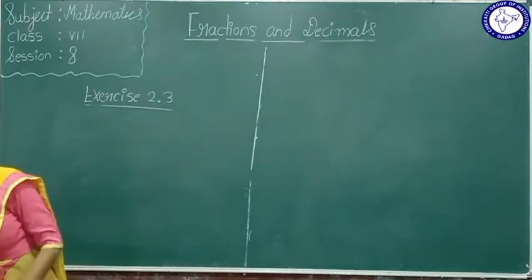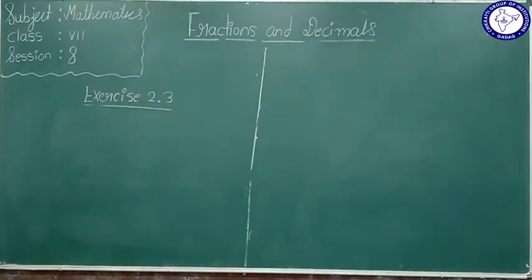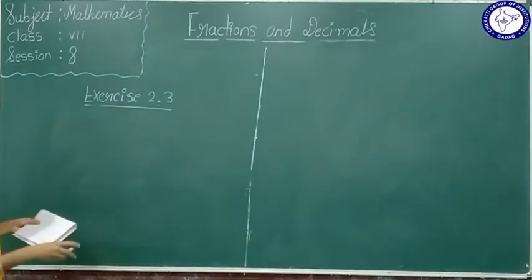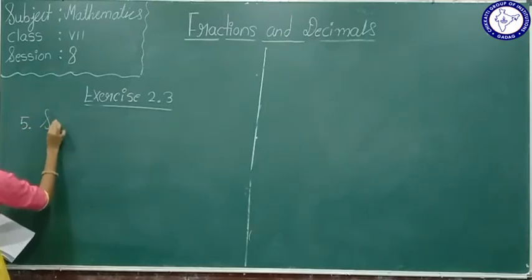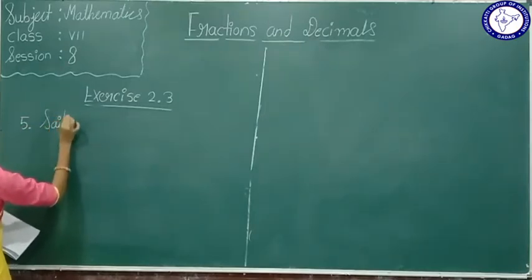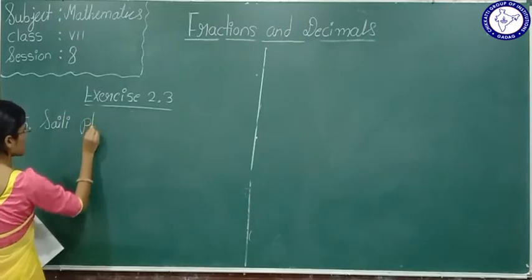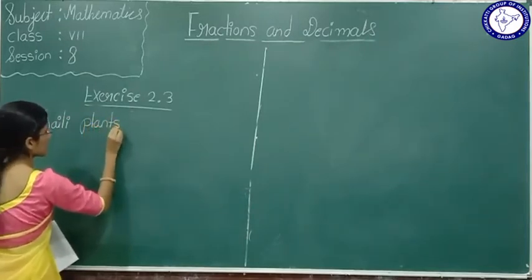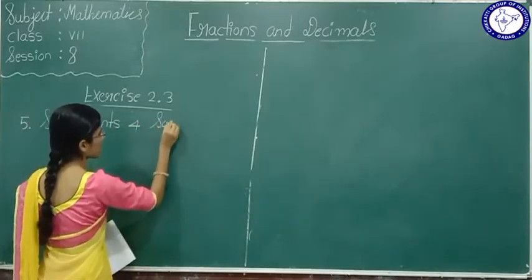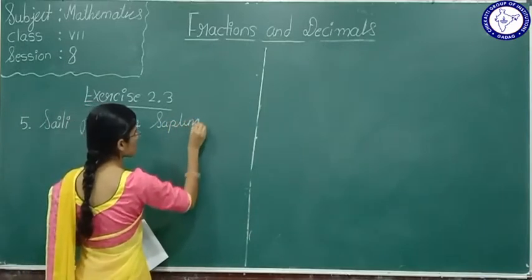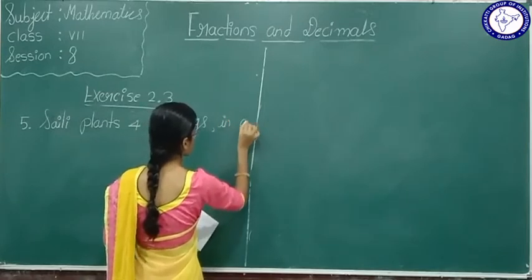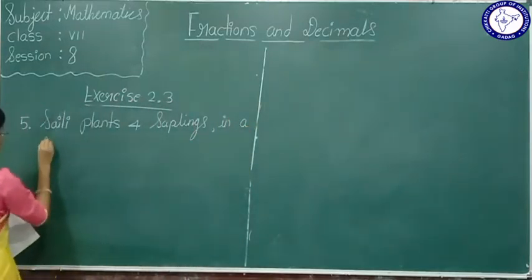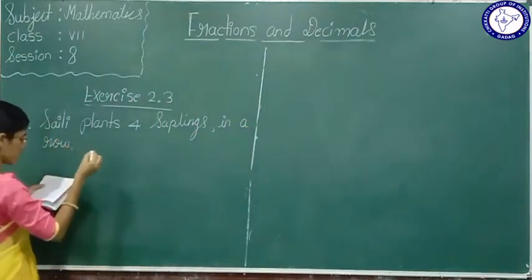Now we will go for the fifth one. That is Siley plants 4 saplings in a row in her garden.